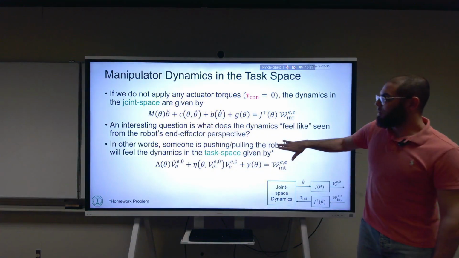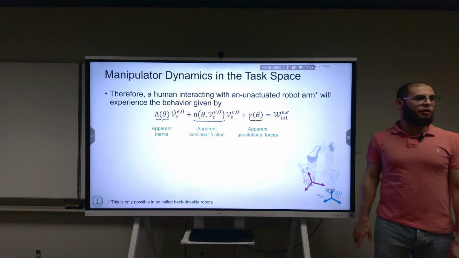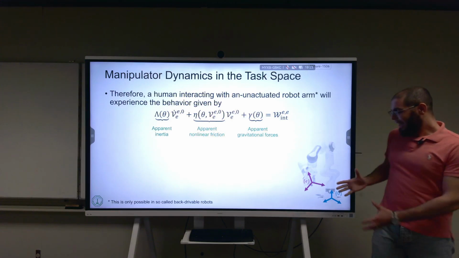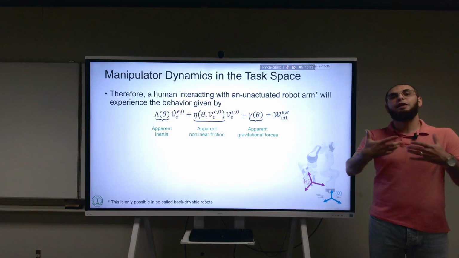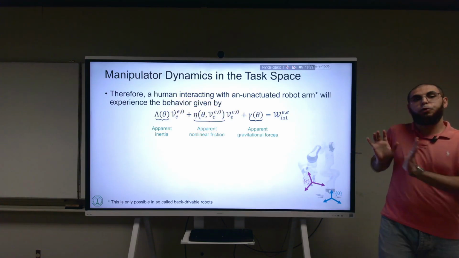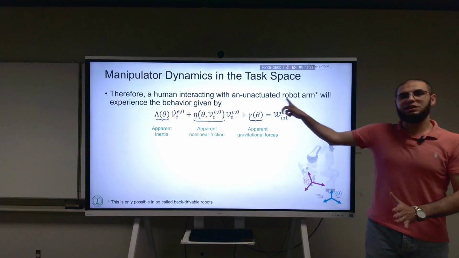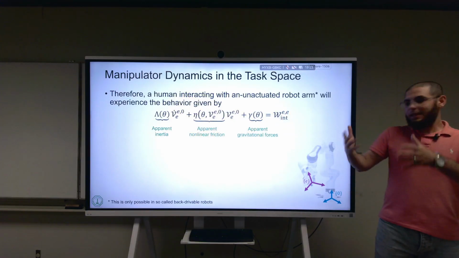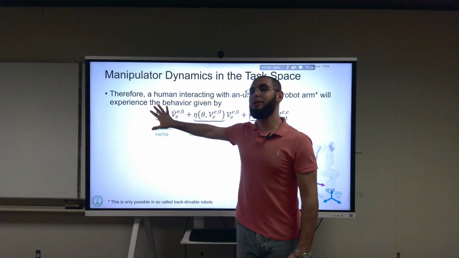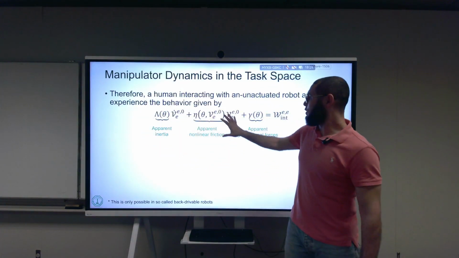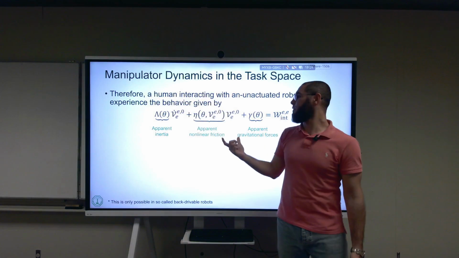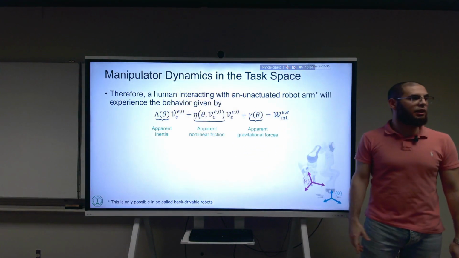Okay. So now we're left with this new equation of motion that corresponds to the task. This is called the task space dynamics. So what does the environment see at the end effector? If something pushes at the end effector, the whole robot will behave as if this is an inertia called an apparent inertia, and it will have some nonlinear friction that depends on theta and V, and it will have an apparent gravitational wrench.